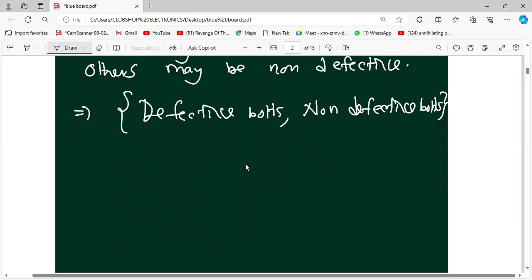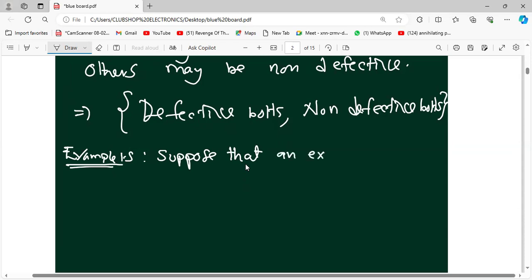Okay, we've got another example. Example 1.5. Let's suppose, so I'm getting all these examples from the book.